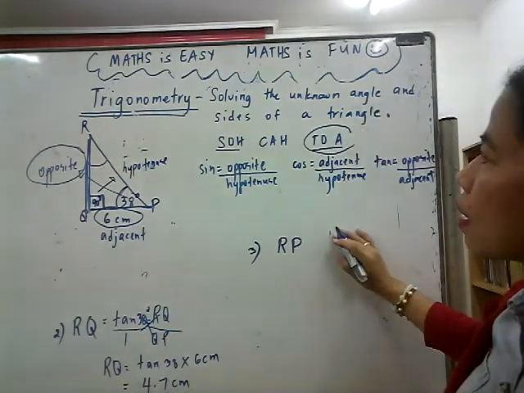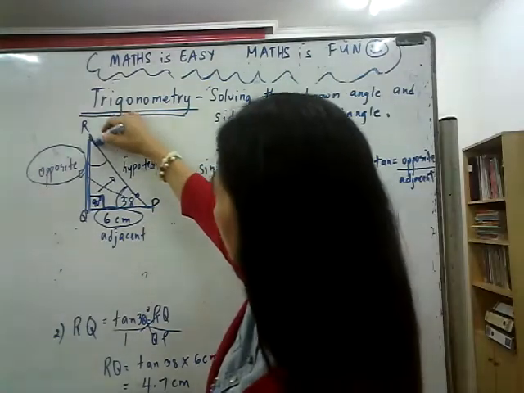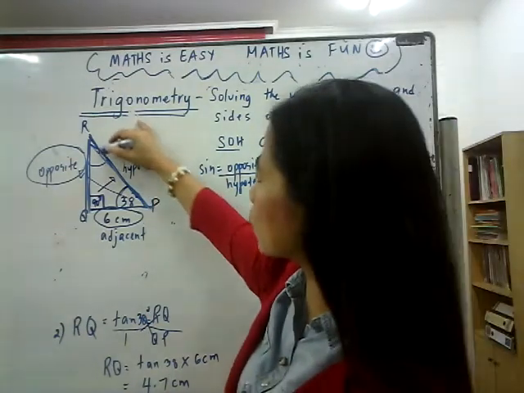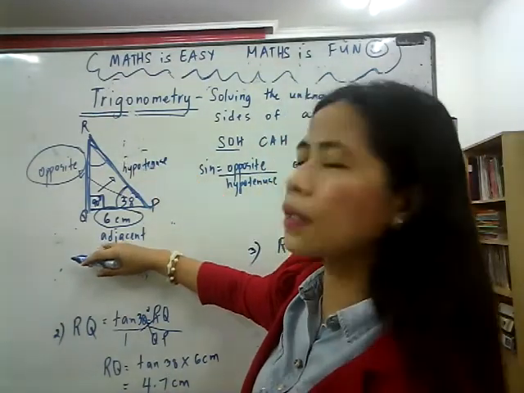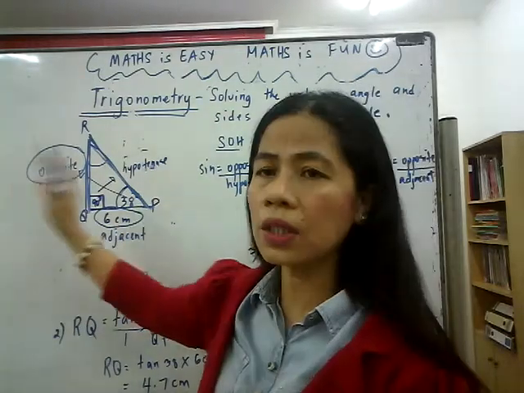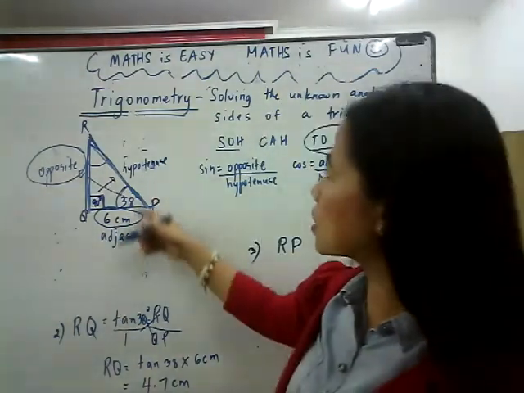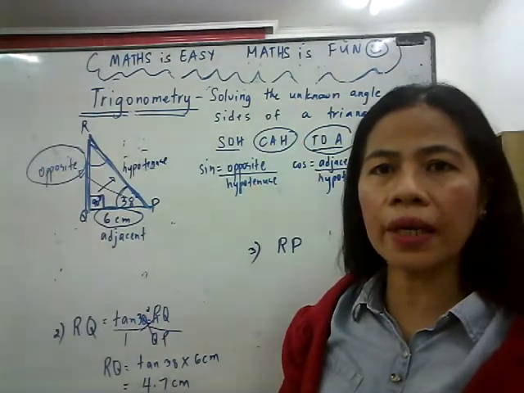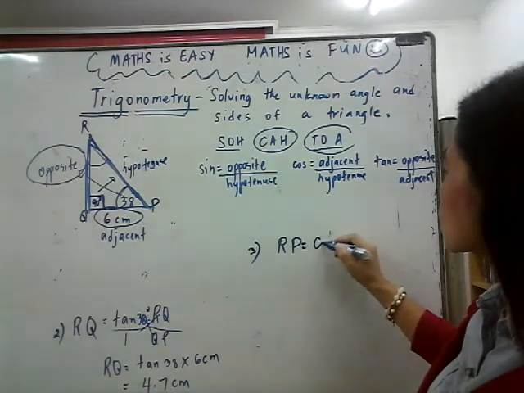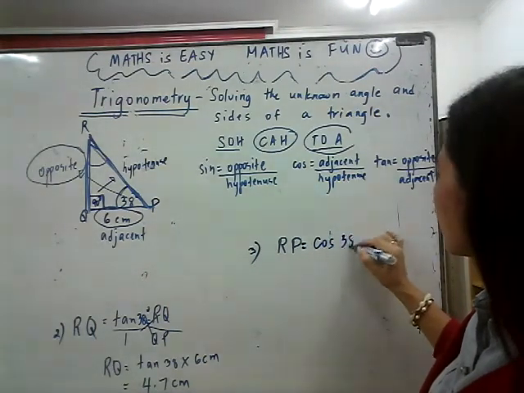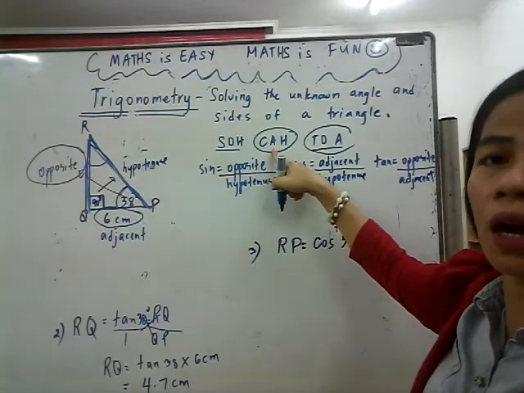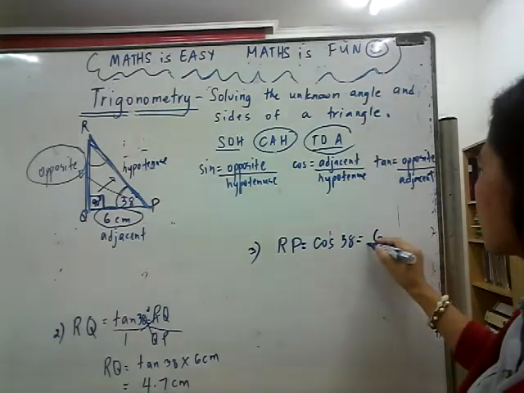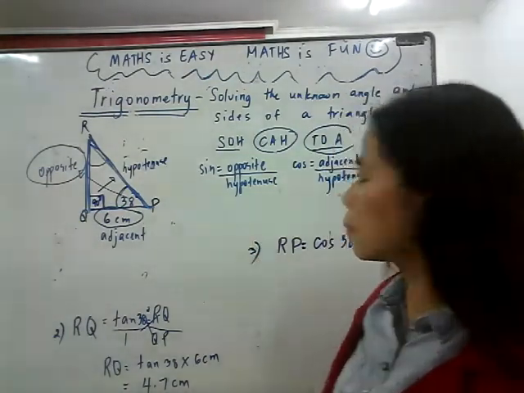Now, how about RP? This time, we are looking for the hypotenuse. We are going to use the adjacent side, which means that we don't need the opposite. So adjacent and hypotenuse use the trigonometric ratio CAH or cosine. Okay, so cosine 38 is equal to adjacent first. The adjacent side is 6 divided by the hypotenuse, which will be the unknown.